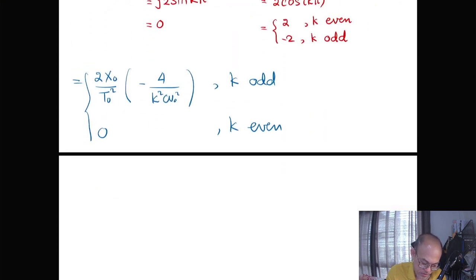Okay, so I have minus 8 x0 over k squared 2 pi squared. Now 2 pi, where does it come from? 2 pi comes from omega 0 times t0. That is exactly 2 pi. Now this is when k is odd, and it is equal to 0 when k is even.